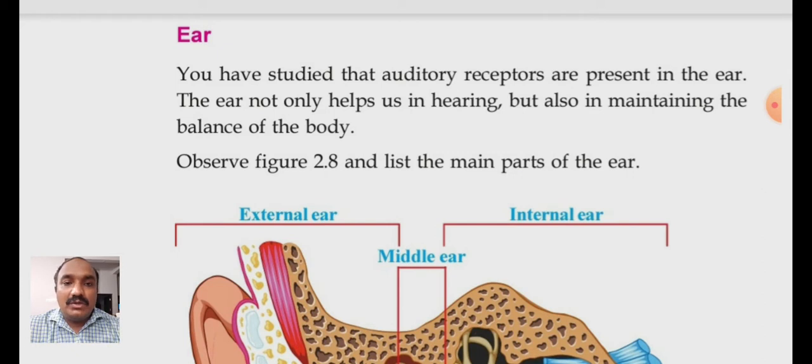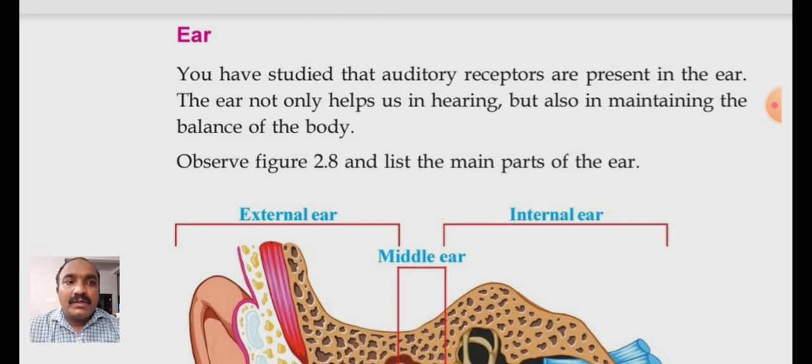We know the ear has two functions in our body: helping the sense of hearing, and also helping to maintain body balance. So the ear has two functions. One is the sense of hearing and the other one is what? Maintaining body balance. So we can study everything step by step.